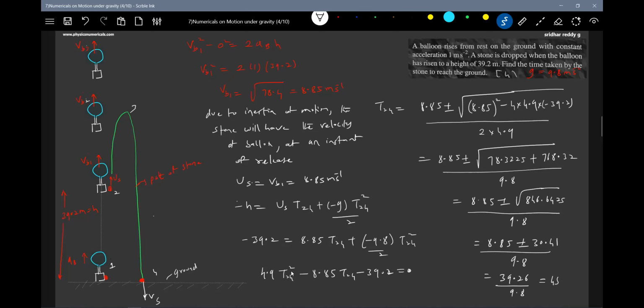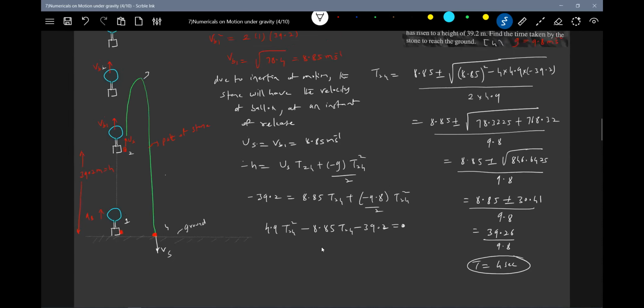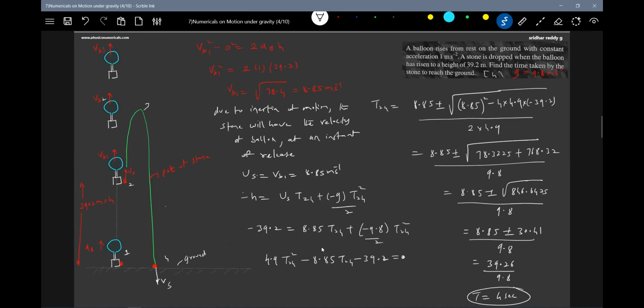Around 4 seconds will come. This will be your answer. What is the time of flight? Time taken. Okay, this was the equation. Time taken to move from 2 to 4.